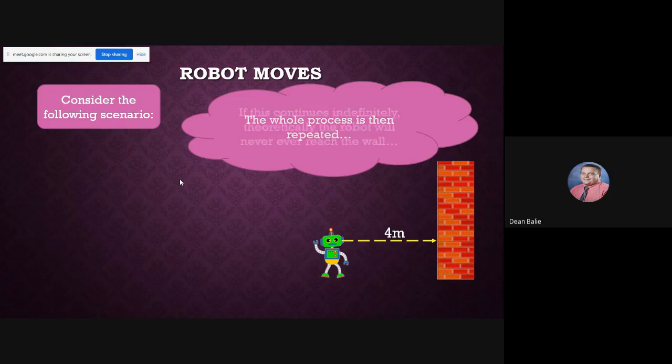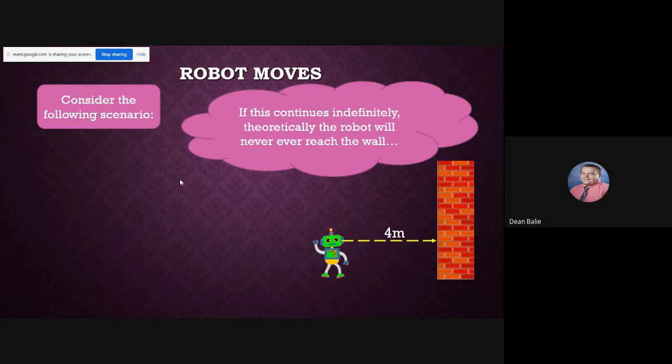If we think about this theoretically, if this continues indefinitely, the robot is going to halve its distance, halve its distance, halve its distance, and move to the new point forever. Theoretically, there will always be some gap between itself and the wall.